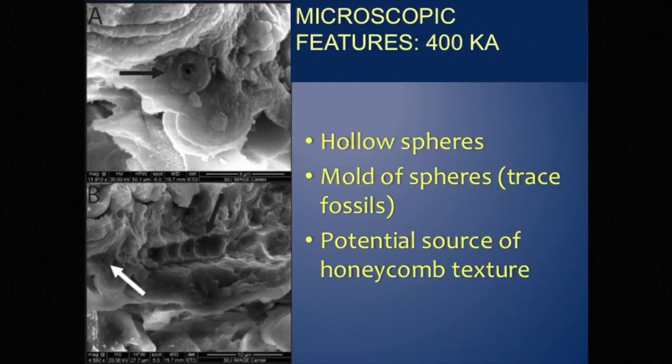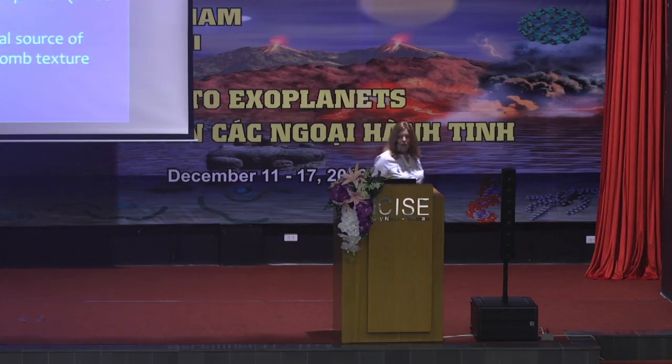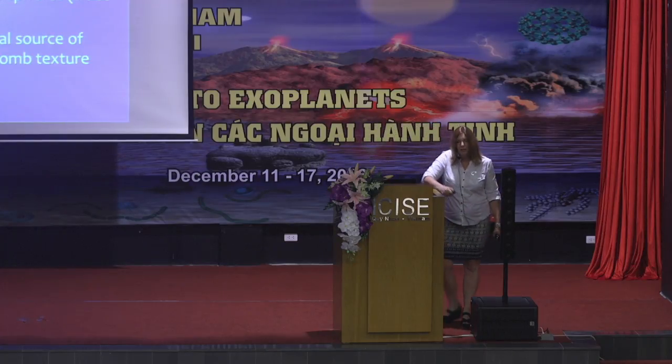So there are also these hollow spheres. This is 400,000 years old, and they're associated with this honeycomb structure. So it looks to me like these spheres are a potential source of the honeycomb structure, which means these honeycomb structures are actually microbial trace fossils.